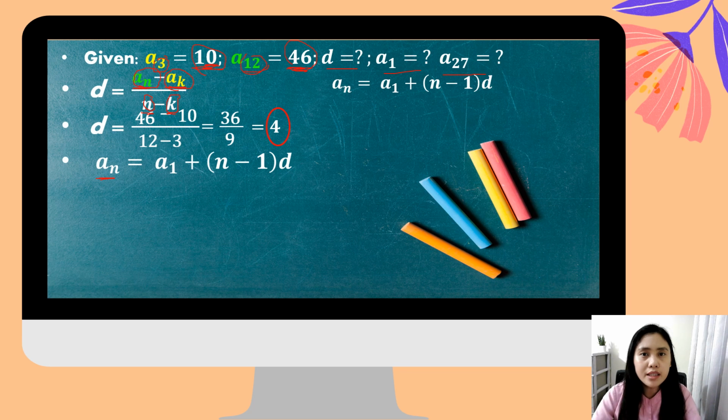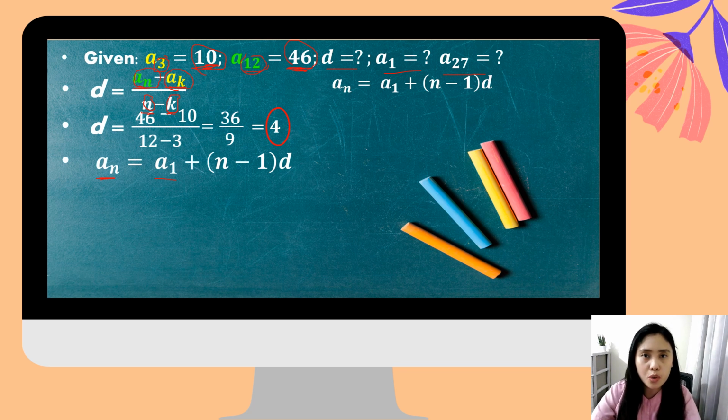Tandaan, may dalawang term na binigay, si 10 at si 46. Ngayon, kahit alin dyan, maaari mong gamitin. At parehas lamang na magbibigay ng tamang value ni a sub 1. Tandaan, ang ating sinusolve ay si a sub 1.